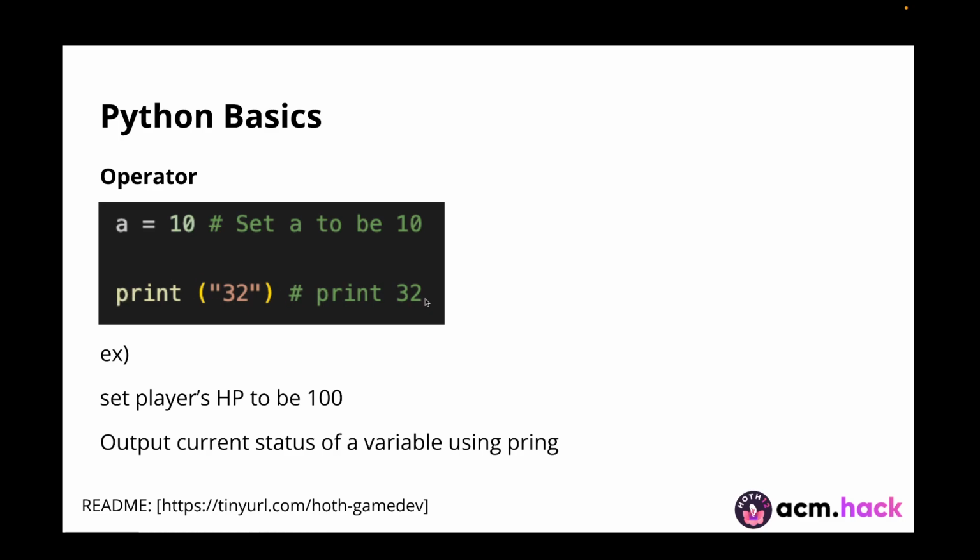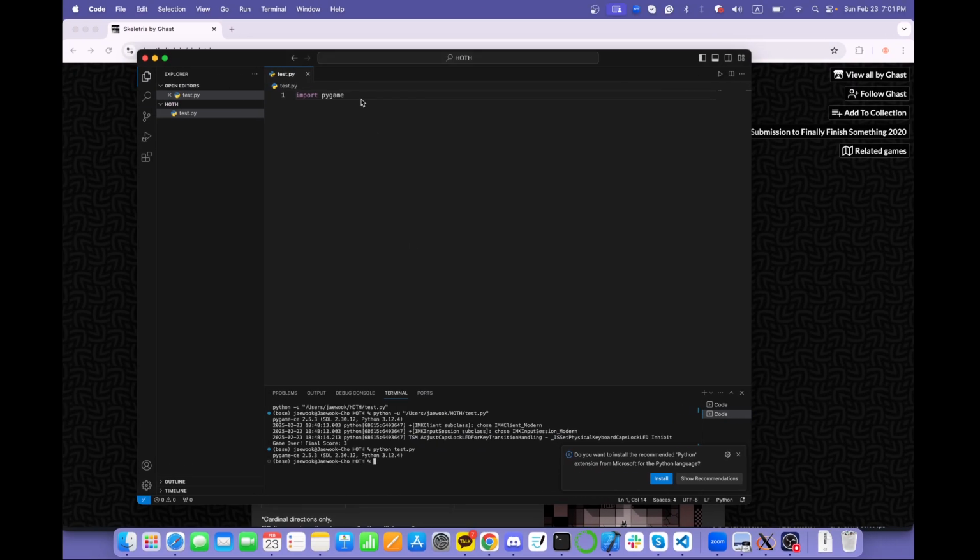And the second one here is called print. Print basically gives you an output in the terminal. For example, if I do print hello HOTH, and if I save the file and run the code, you can see down here at the terminal it says hello HOTH.